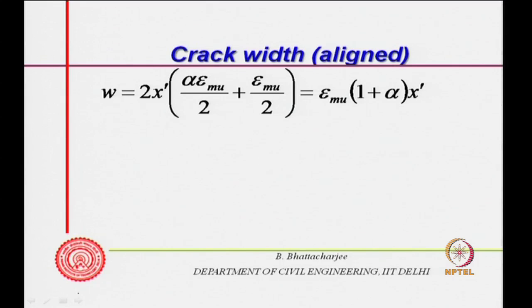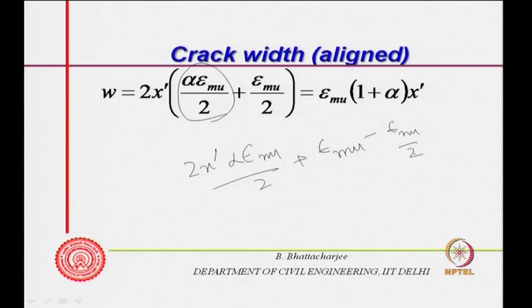Therefore, this is the average increase in the strain. I am trying to find out the crack width. So, the strain increase into 2 x dash is alpha epsilon mu by 2, that is the average increase in the strain, plus epsilon mu, which was the equal strain everywhere, but there is a minus epsilon mu by 2 as well, because the matrix has reduced.